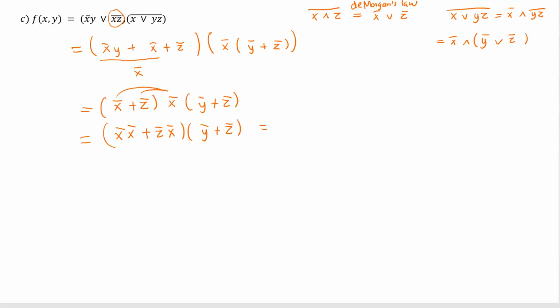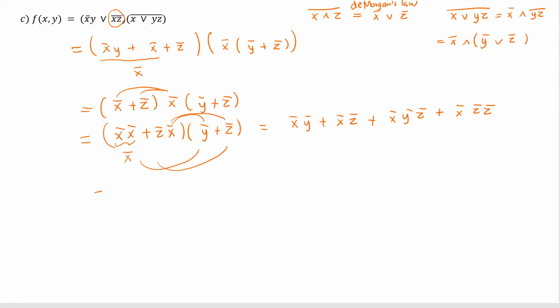Okay, let's continue. Well, x bar intersection, this guy is still x bar, right? Then when we distribute, we have x bar y bar plus x bar z bar plus x bar y bar z bar plus x bar z bar z bar.